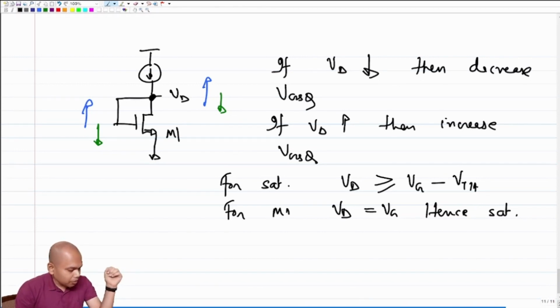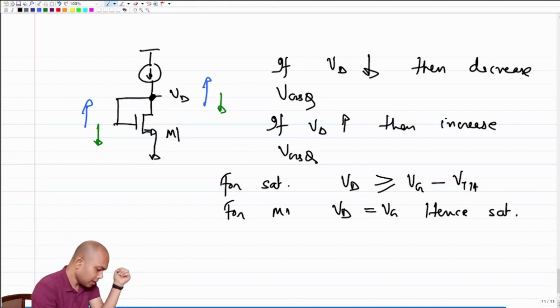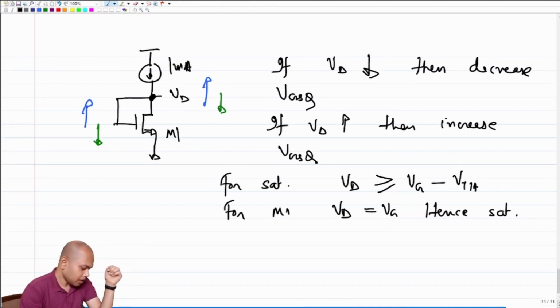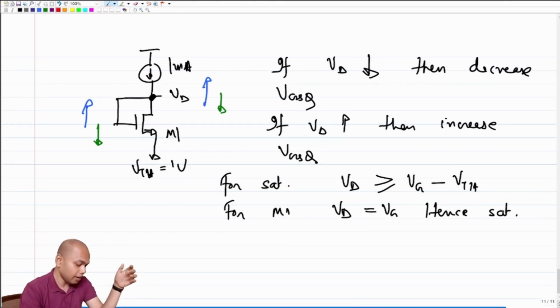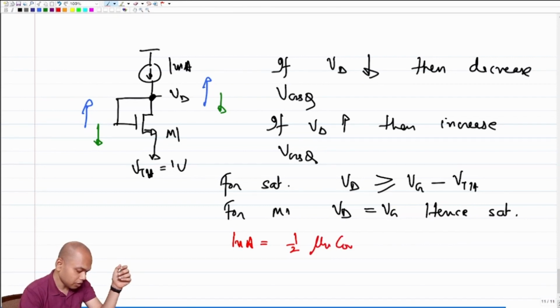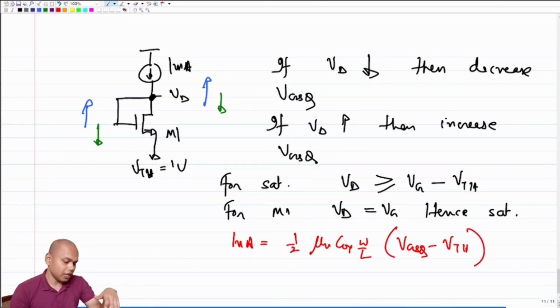Or let me ask you, if threshold voltage changes, right? So let's say this is 1 milliamp, and the threshold voltage was 1 volt. Under this condition, I did the calculation and found 1 milliamp equal to half mu n Cox W over L times the overdrive squared, and let's assume we know some value of W over L. Then what is the value of VGSQ that we'll get?